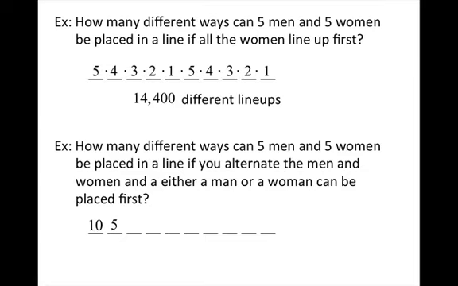Now in my line, I have 1 man and 1 woman. I don't know what order, but I have 1 of each gender. So for my next 2 positions, I'm going to put a man and a woman. And since I've used 1 of each, I have 4 of each left. So now in my line, I have 2 men and 2 women, and they're alternating. That leaves me 3 of each gender left to choose from for the next 2 positions.